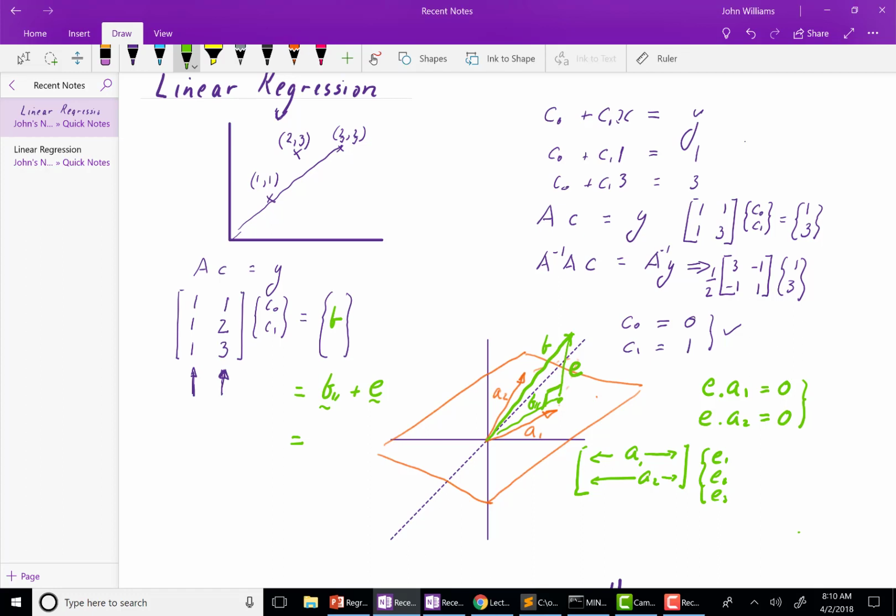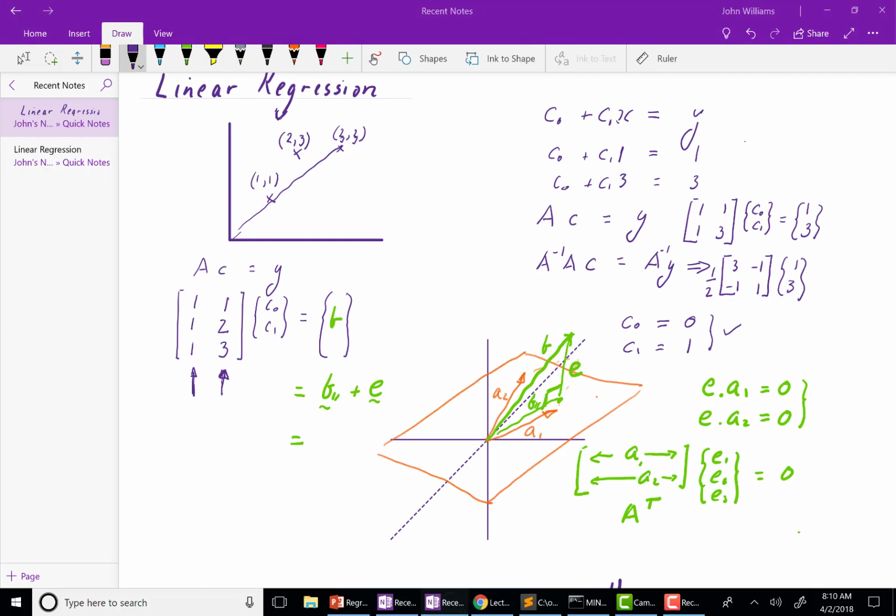It's a vector in 3-space, and that would be 0. But I noticed that this is just A transpose. So let me take the transpose.